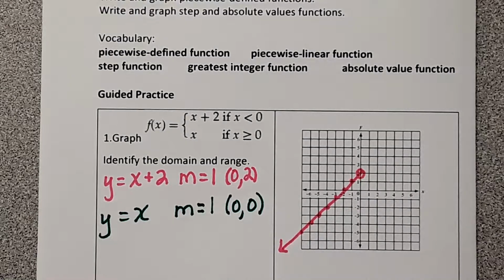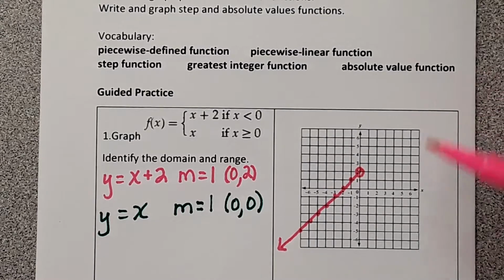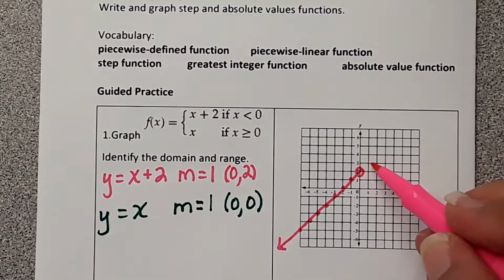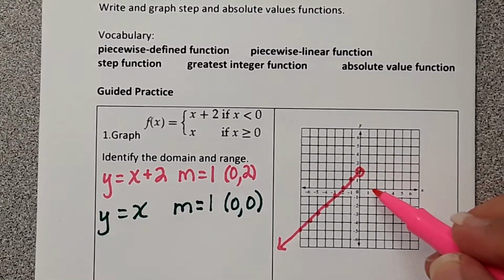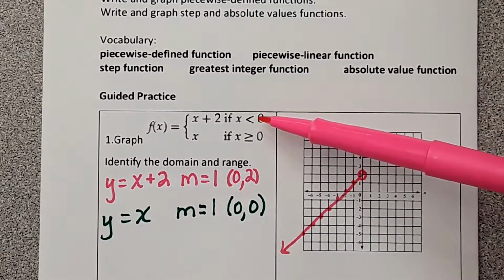If we went up 1 over 1, then our x value would be 1. That's greater than 0. We can't use that one. Does that make a little bit of sense? We're only taking the piece of the line that satisfies where x is less than 0.